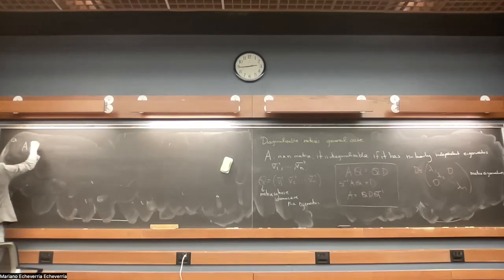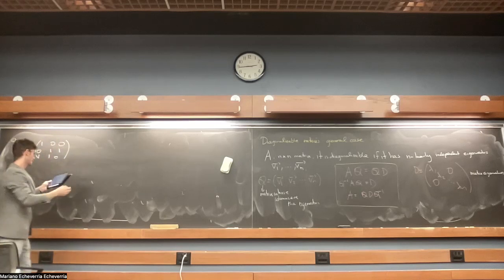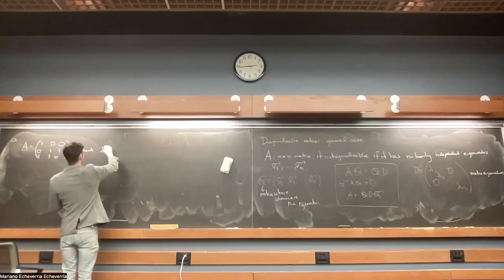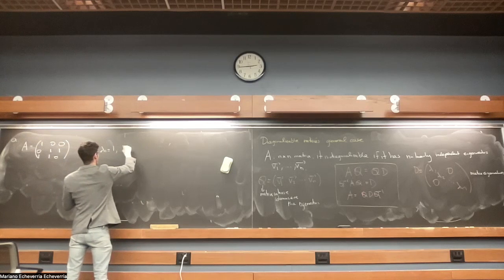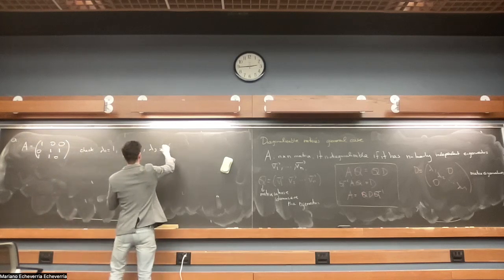So for example, if I gave you this matrix, you can check that lambda 1 equals 1, lambda 2 equals 2, and lambda 3 equals -1 are eigenvalues.